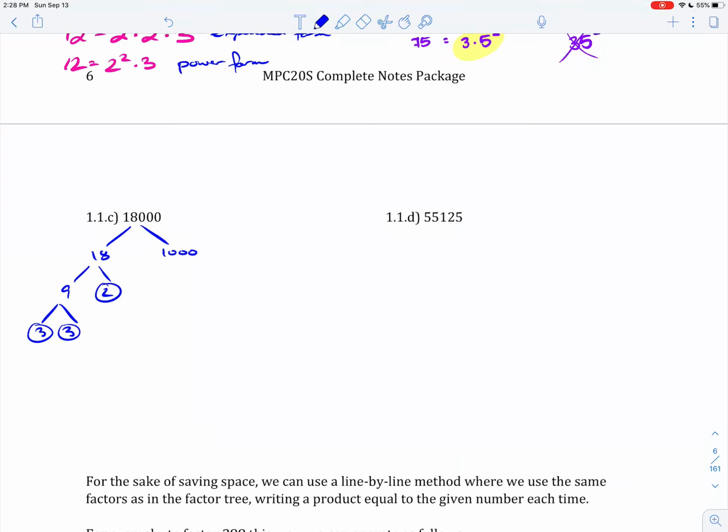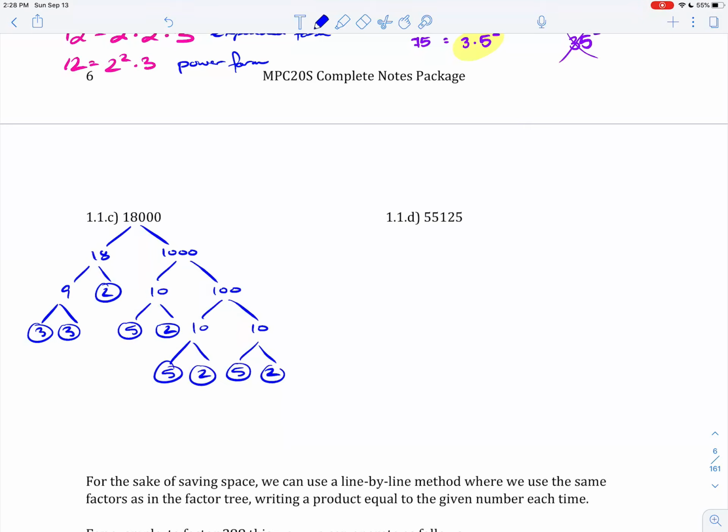Whoa. And then I can tackle this other one. 1,000, that's like 10 and 100. 10 is 5 and 2. That's done. And there's this other 100. That's 10 times 10. And each of these 10s is going to be 5 times 2.